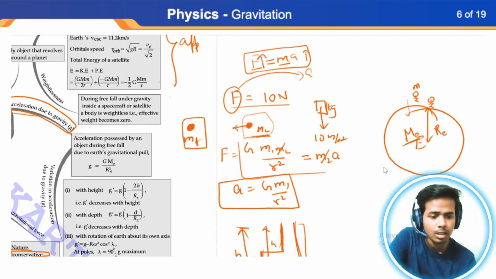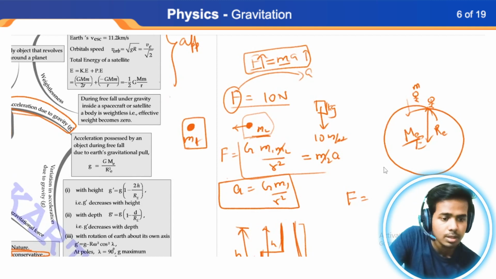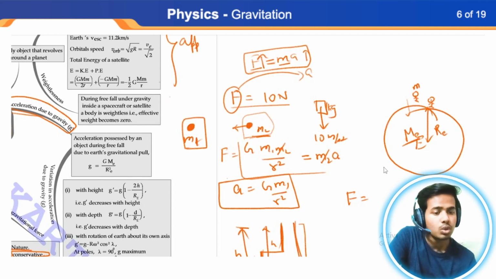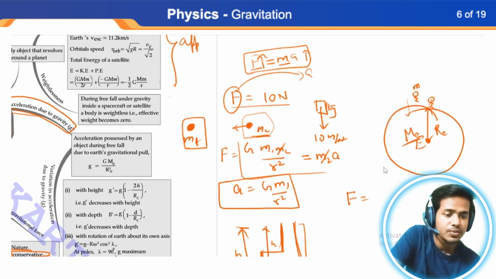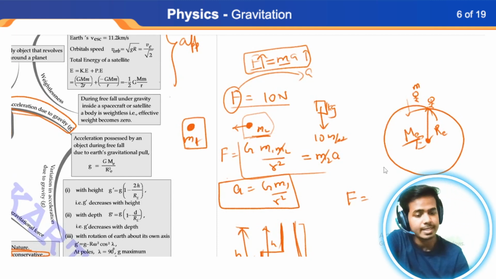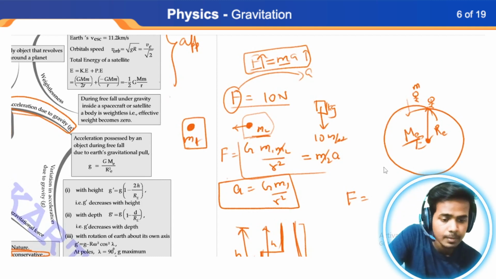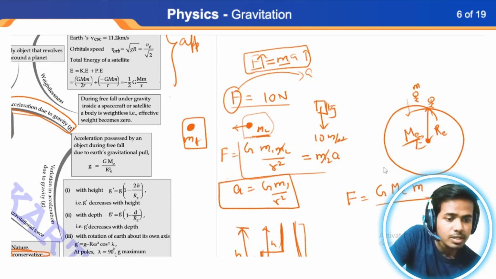we can quickly calculate the force. Force, or the gravitational force, what I told you was, when there is a large body, you can assume the whole mass to be concentrated at the center of mass of the body. And of course, for a sphere, the center of mass is going to be the center of the sphere. G into mass of the earth into small m, divided by the distance.